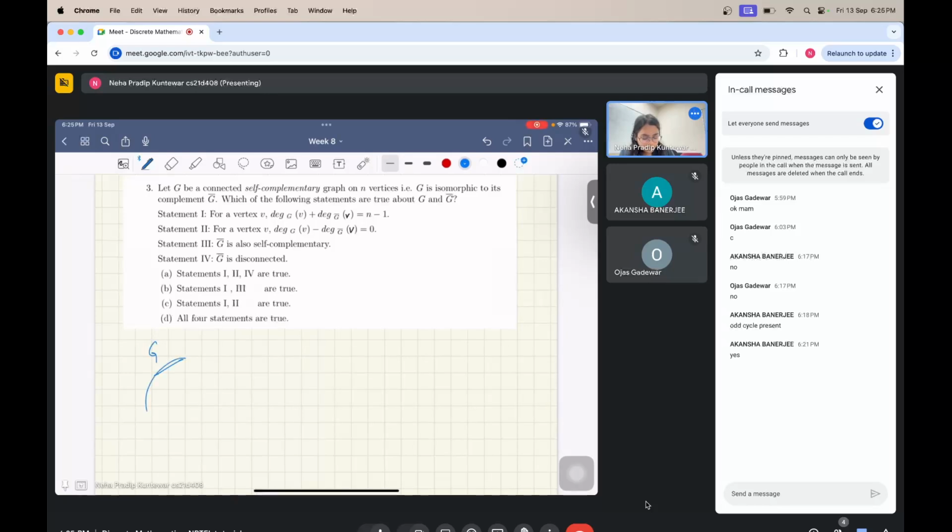You look at a graph G that is given to you, and there is an edge E in G complement if and only if E is not an edge in G. So whatever is there in G will not be an edge in the complementary graph, and whatever is not an edge in G will be an edge in the complementary graph. So the question is, you want to tell which of the following statements are true about the complementary graphs. I hope the definition makes sense. If not, then please let me know.